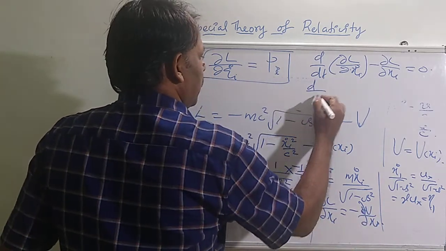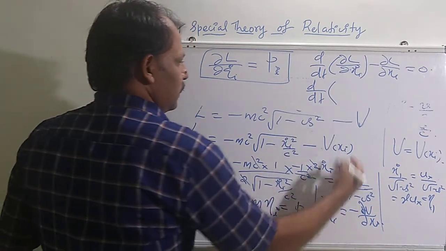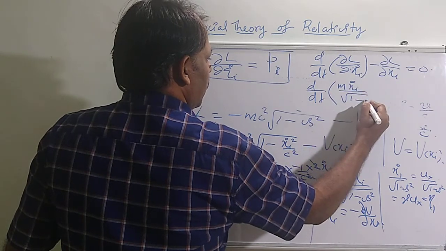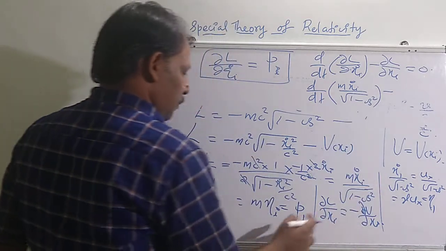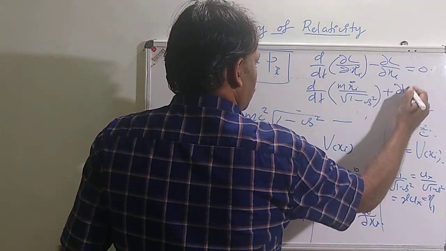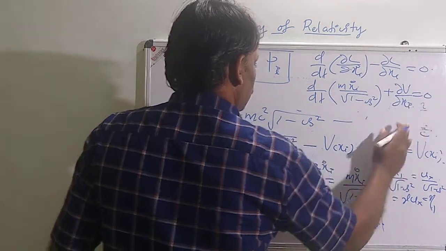So here we will have d by dt of dou L by dou xi dot, which is m xi dot by root of 1 minus beta square. Now minus dou L by dou xi is plus dou V by dou xi, equal to 0.